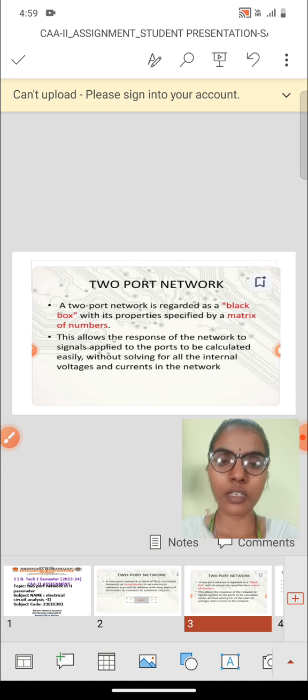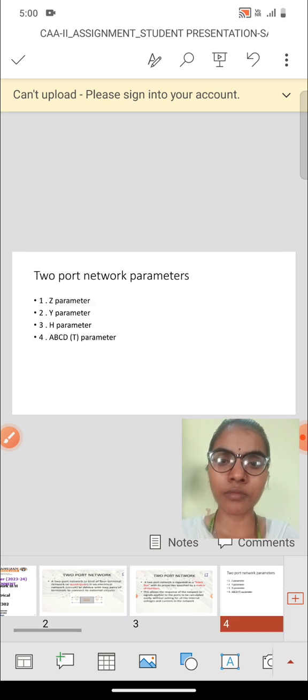A two-port network is regarded as a black box with its properties specified by a matrix of numbers. This allows the response of the network to signals applied to the ports to be calculated easily without solving for all the internal voltages and currents in the network.